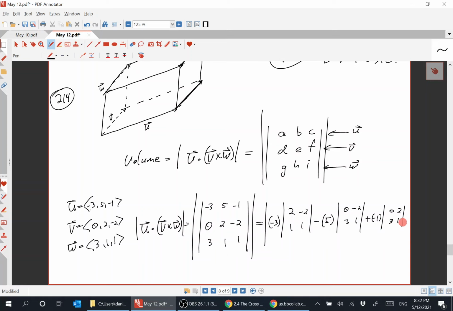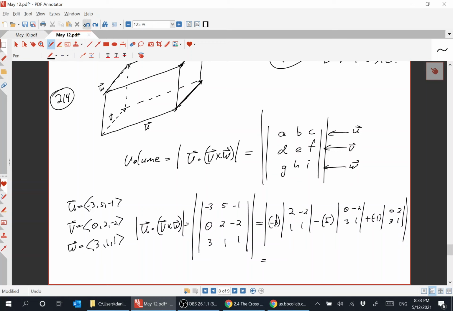And then you're going to take the absolute value of that thing in the end. Instead of having i, j, and k in the cross product, you get the components of u.